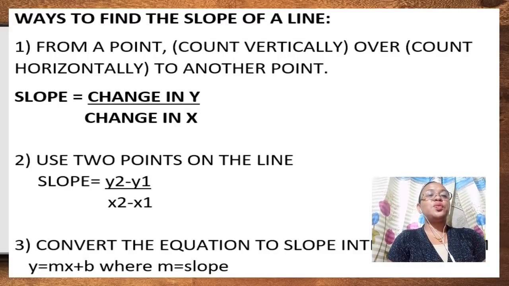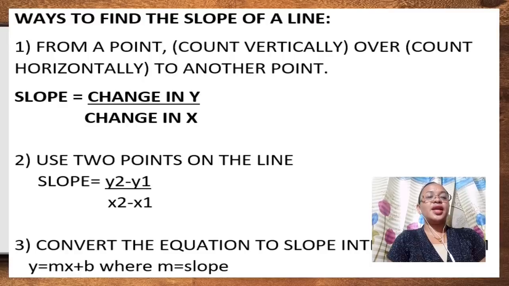Second, use 2 points on the line. You find any 2 points that are on the line, and then you substitute them in the formula: the second y minus the first y over the second x minus the first x.